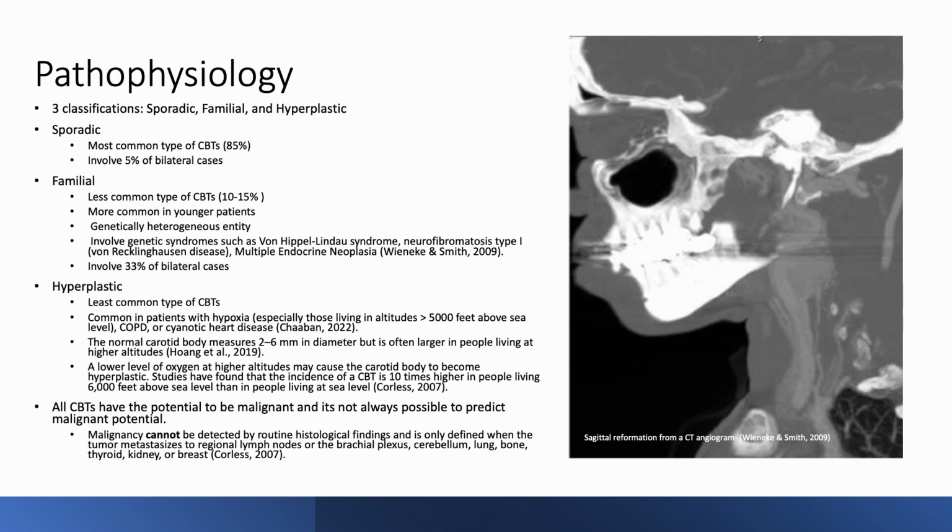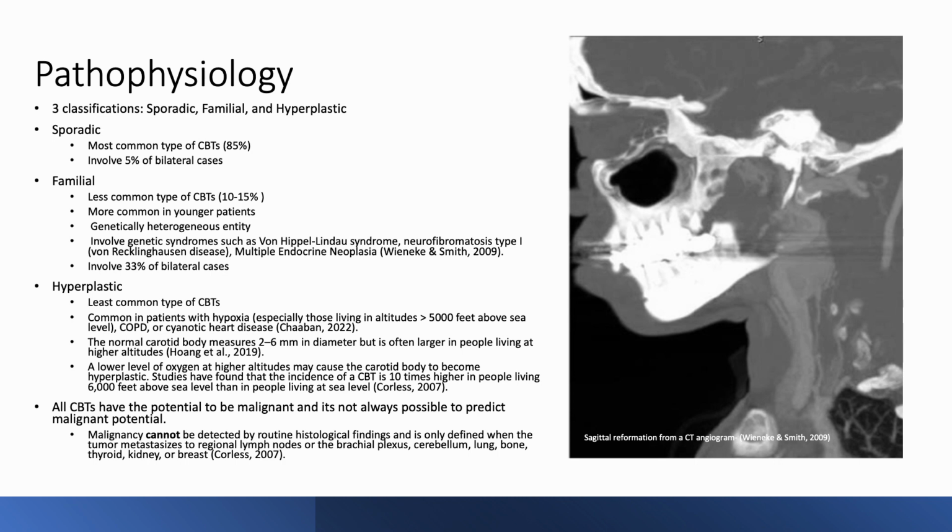So that lower level of oxygen at higher altitudes may cause that carotid body to become hyperplastic. There are even some studies that have found that the incident rate of a carotid body tumor is about 10 times higher in people living at 6,000 feet above sea level compared to those living at sea level.